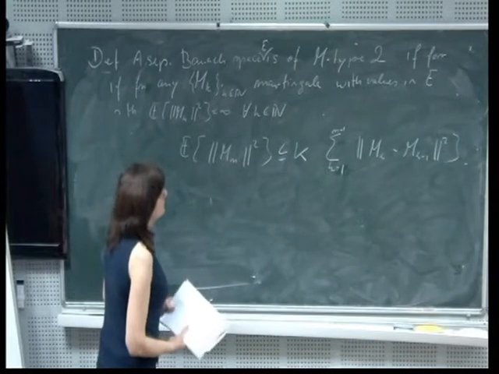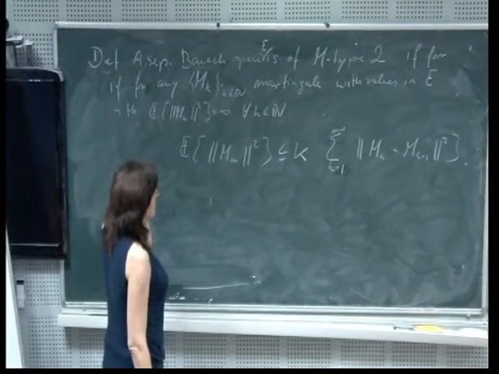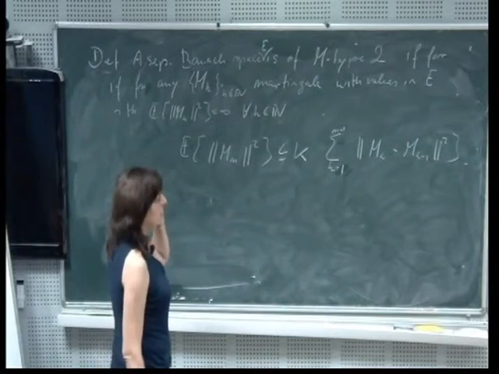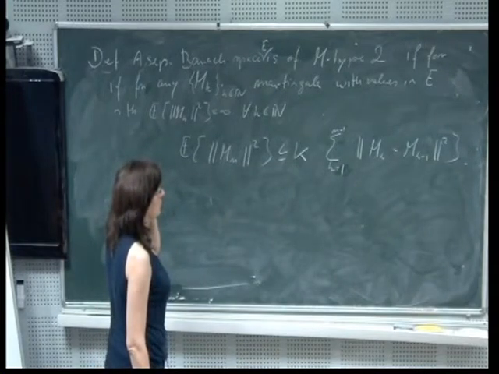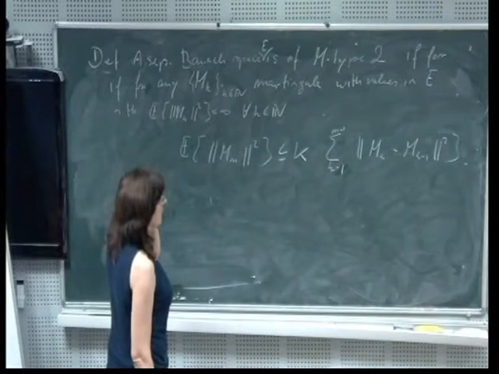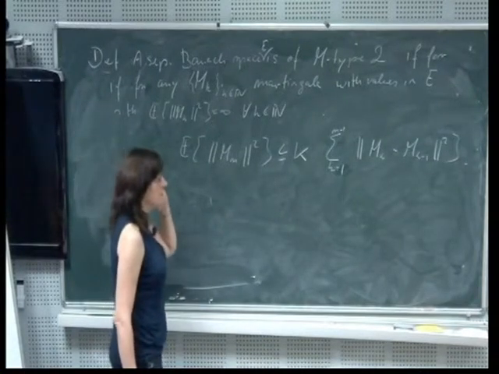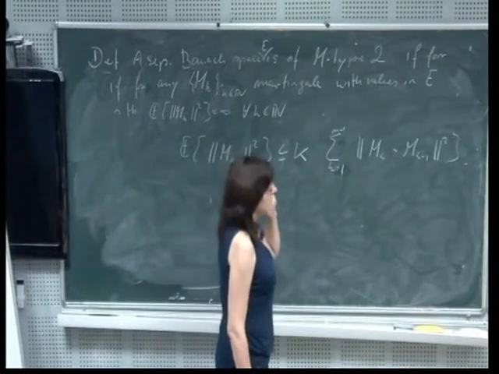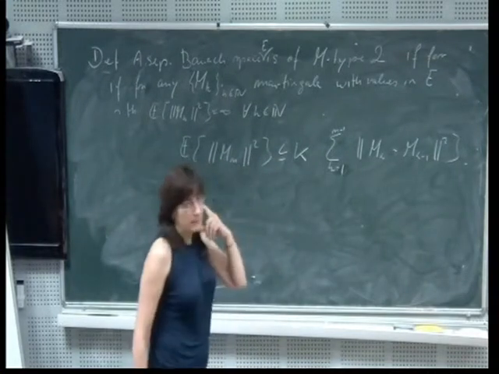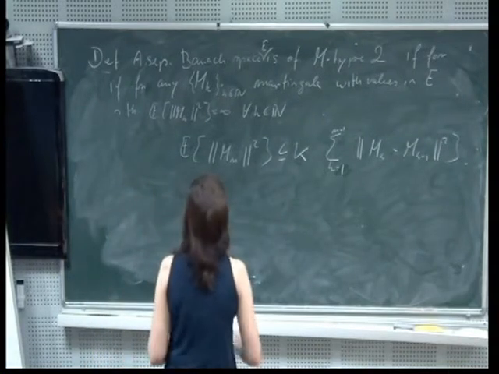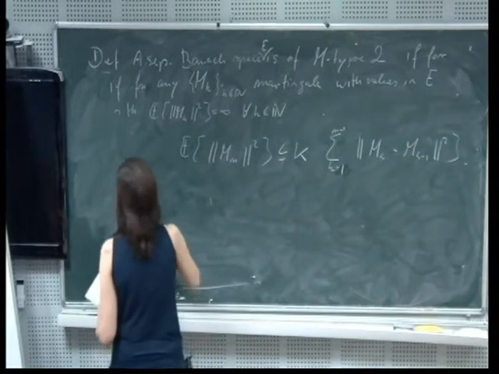Suppose that your martingale is the sum of independent random variables, then this would mean that the variance of the sum of independent random variables is bounded by the sum of the variances. This is a type 2 Banach space.